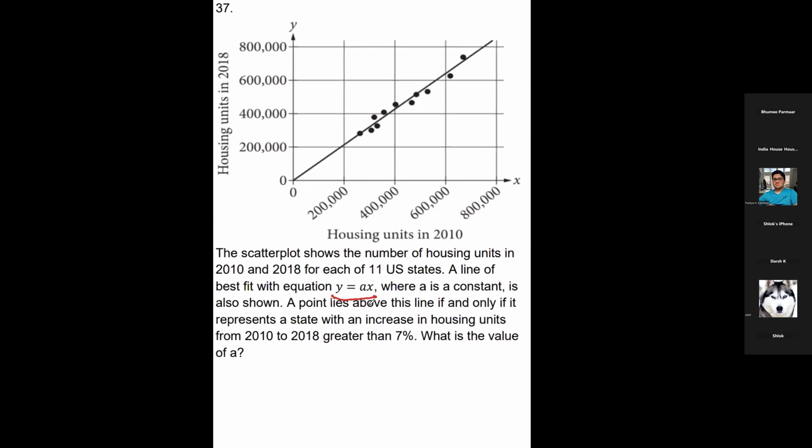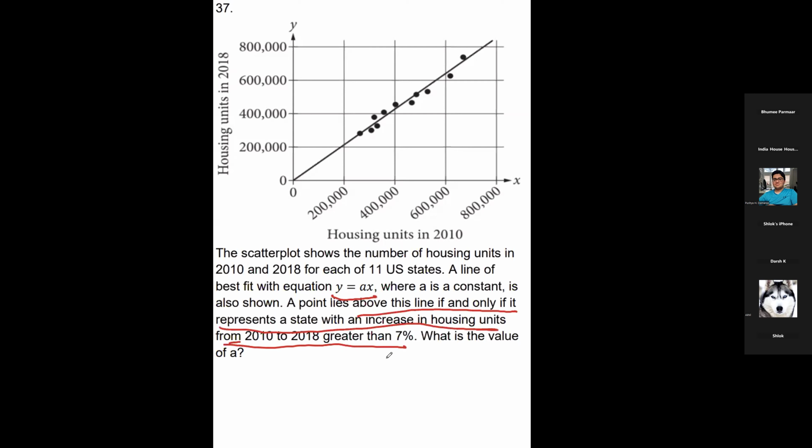A point lies above this line if and only if it represents a state with an increase in housing units from 2010 to 2018 greater than 7%. So if it's above the line, then it's greater than 7%.